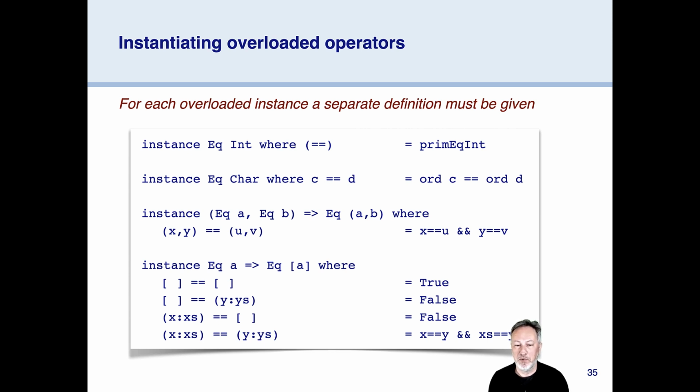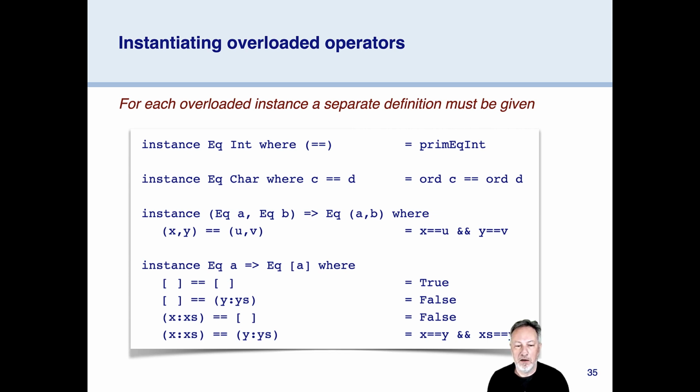The last example here shows us that if we have equality defined for the type A, then for free we can get equality for lists of A. In particular, the empty list is always equal to the empty list, and an empty list is never equal to a non-empty list.